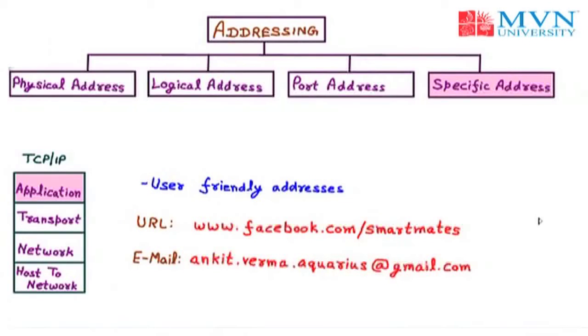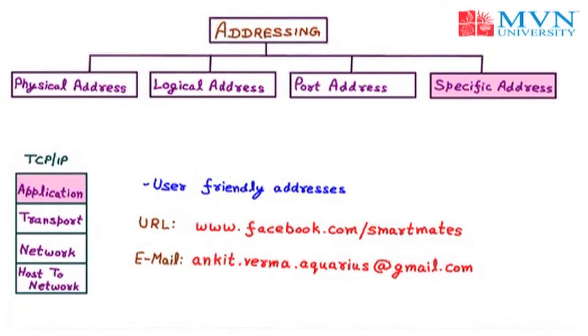So any URL like www.facebook.com/smartmates or any email address like ankit.verma.aquarius@gmail.com are specific addresses. The specific addresses get changed to the corresponding port and logical addresses by the sending computer. So we have discussed the specific address, such as the URL and the email ID.